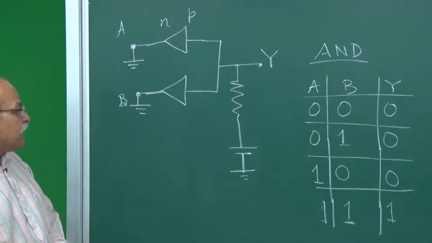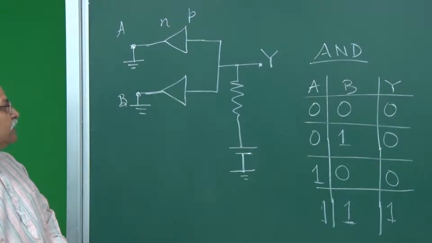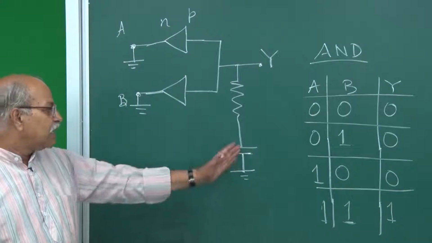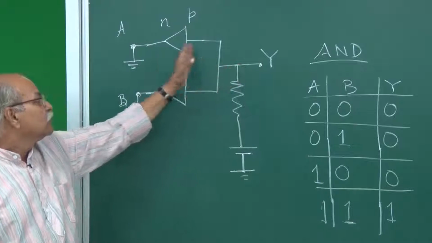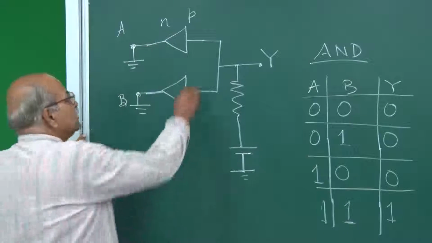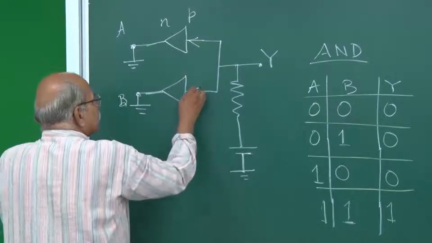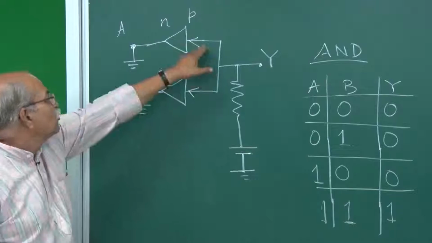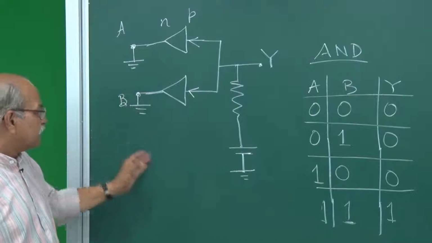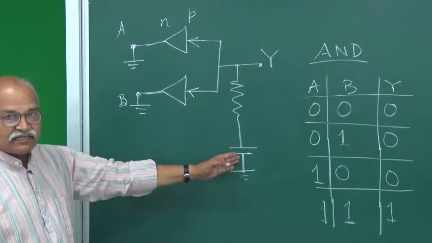So in this case, both the diodes are forward biased. You have a higher voltage here and a lower voltage here, so it is forward biased, and therefore you have current through this diode. The current goes like this and then it comes back and goes into the battery.